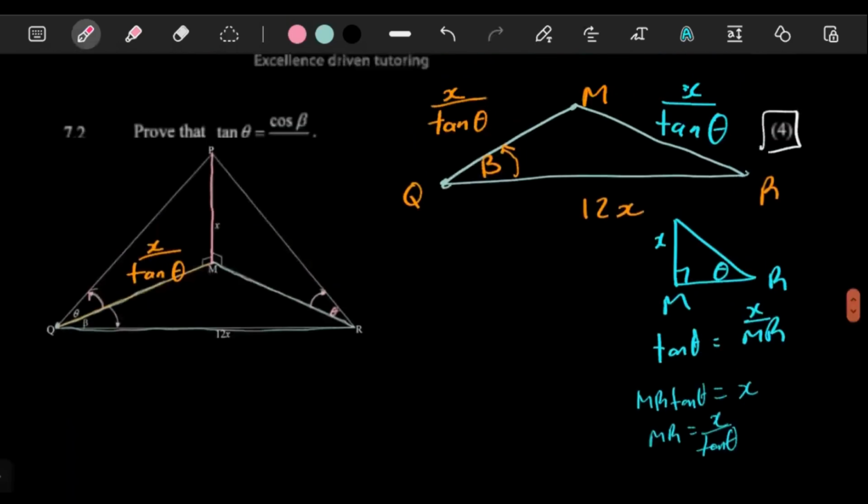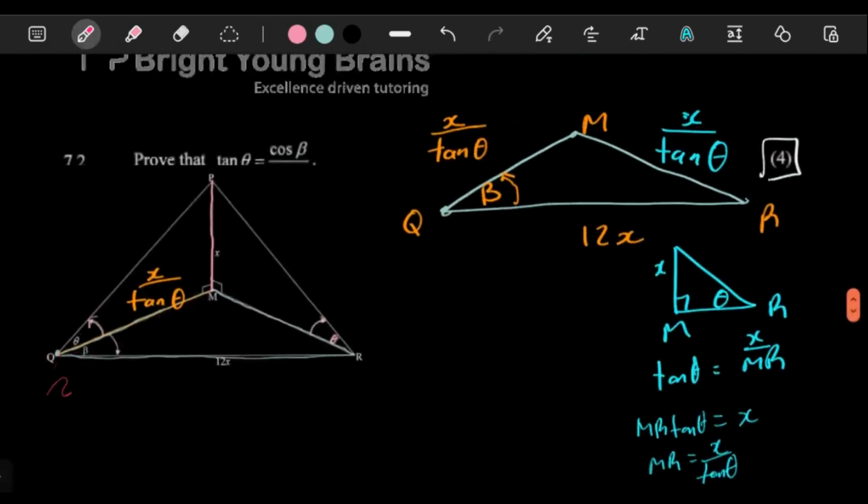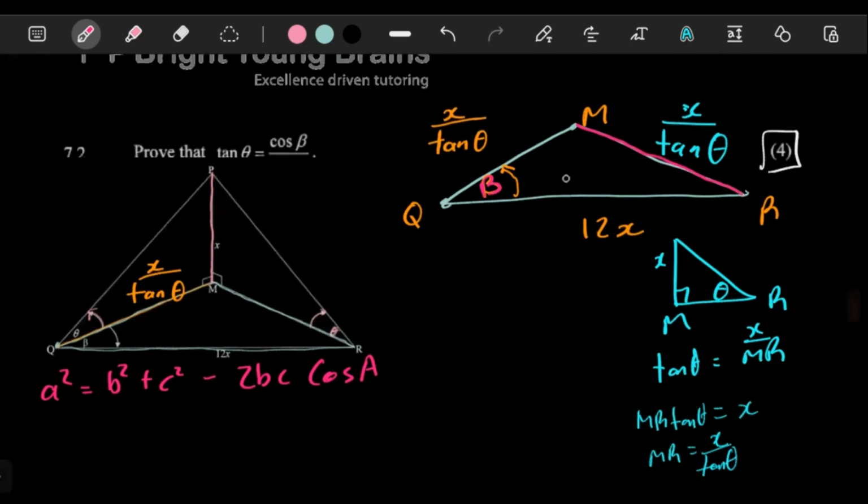Remember, the cosine rule says something like a squared is equal to b squared plus c squared minus 2bc cos A. The angle you have and the side opposite the angle will always go in those places, and your other information goes in the middle, where the b and c are, which is going to be this side and this side.